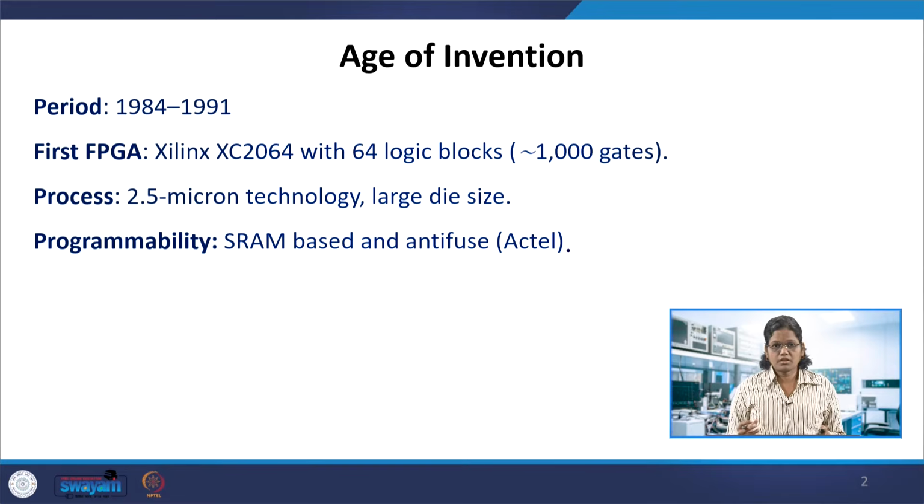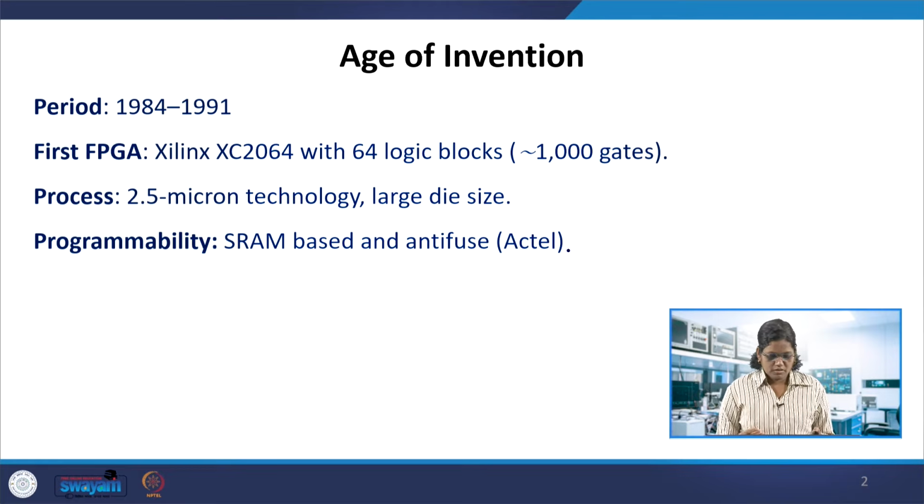As we discussed in the previous lecture, there were three categories of programmability: SRAM, antifuse and flash. In the invention age, SRAM based devices were available, where if there is a reset or power off, the program will go off.